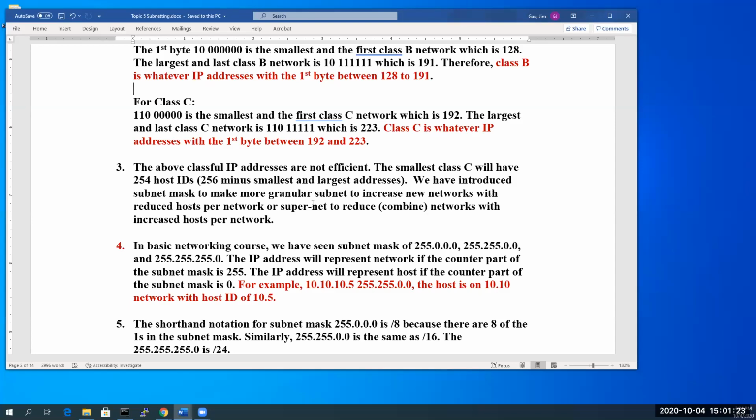We will go into supernetting later, but a quick concept on that is that you have Grand West, Grand East. Each one has 256 houses. You can combine them and change the street sign. Say, hey, instead of Grand West, Grand East, you just change it to Super Grand, or just one word, Grand Avenue.